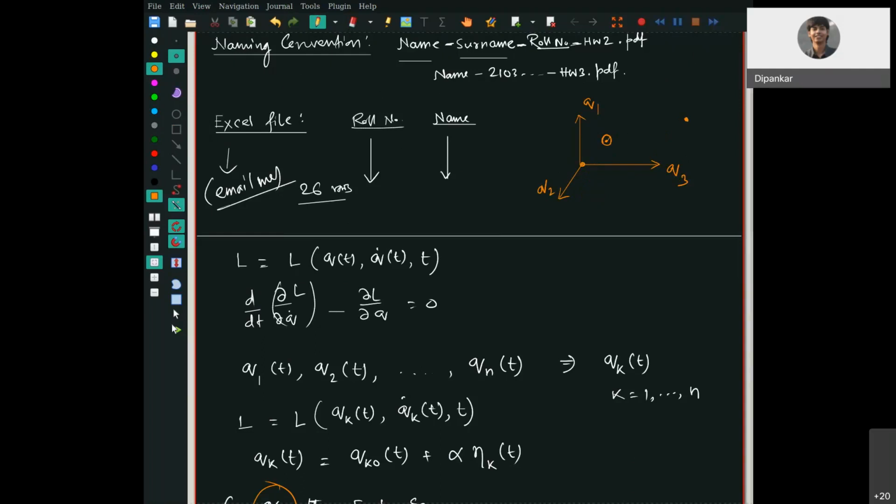Now you see that this is a path in itself, and this is defined by q1 equals q10(t), q2 equals q20(t), and q3 equals q30(t) simultaneously. So all the equations will always be satisfied for this path. Yes. So in the multidimensional space, the equation of the path is basically the parametric equation.